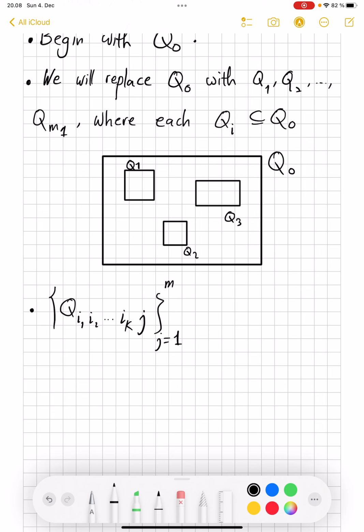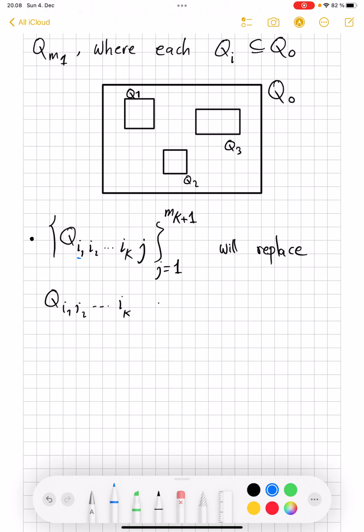So at step k plus 1, we will replace Q I1, I2, up to Ik. I'm freezing these first ones. When I choose my I1 to Ik and fix them, I have one particular cube or rectangle. I'm using these interchangeably. And so this is fixed.